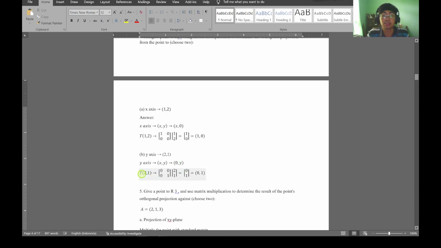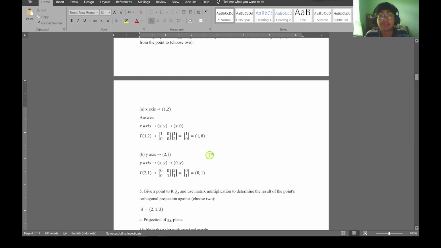So transform 2 and 1 with the standard matrix of the y-axis, 0 0, 0 1, and we multiply it. 0 0 times 2 and 1 gives 0, and 0 1 times 2 and 1 gives 1. Matrix 0 1, and we get the answer 0 1 for the y-axis.